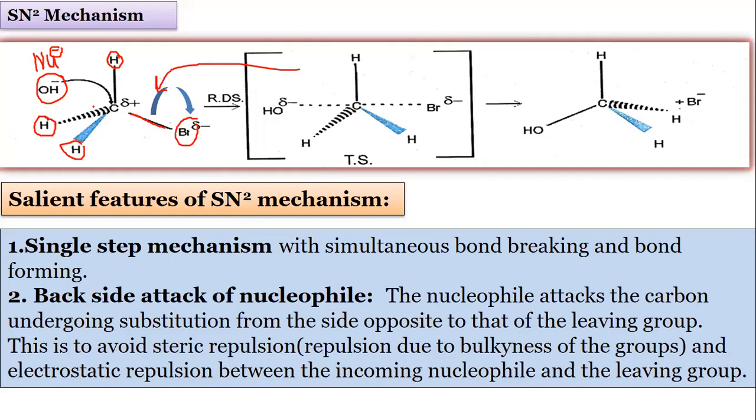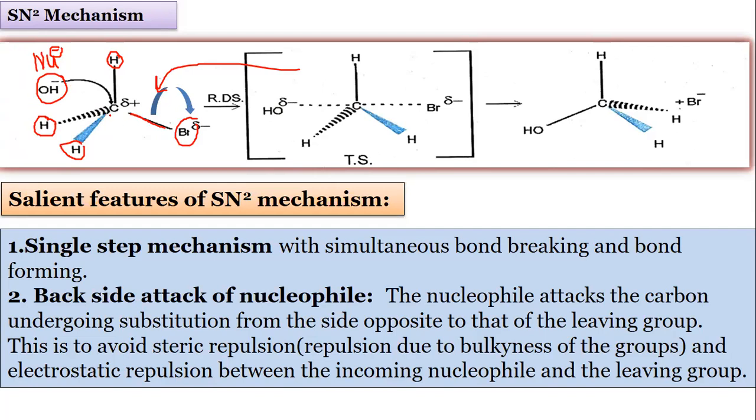So it is very easy for the nucleophile to attack from the backside, because much space is available there. From the front side it is difficult because this already has the negative charge, and the nucleophile also has the negative charge, so they will repel each other. There will be disturbance from attacking the front side. So that's why it is very easy to attack from the backside.